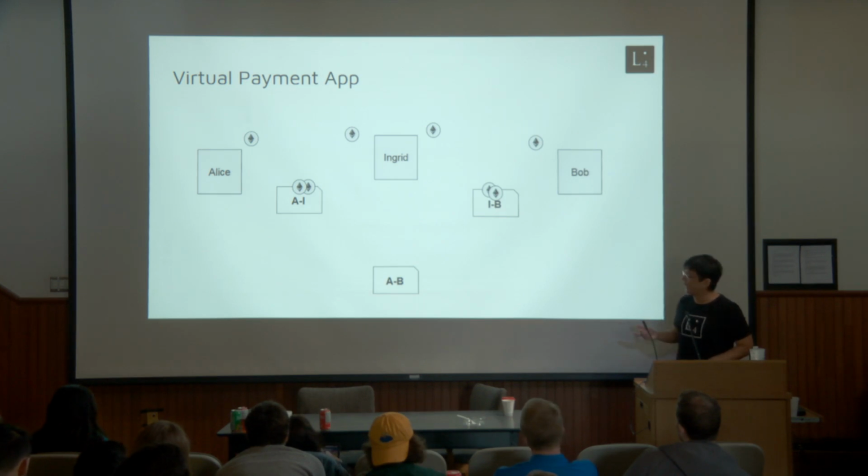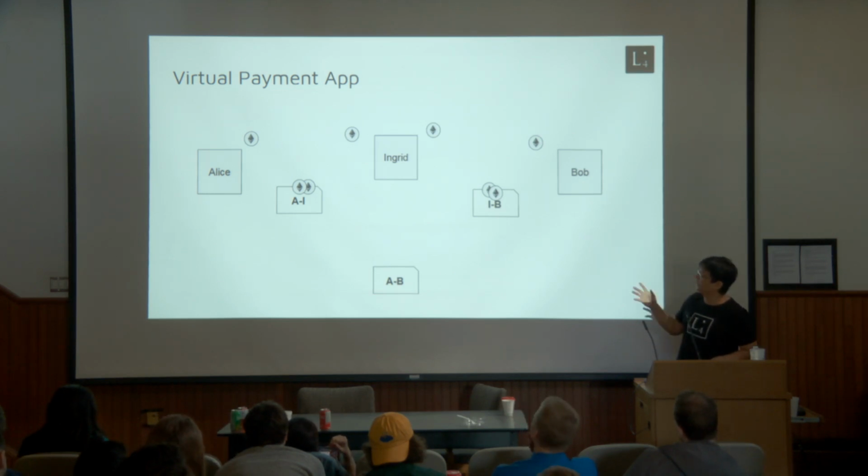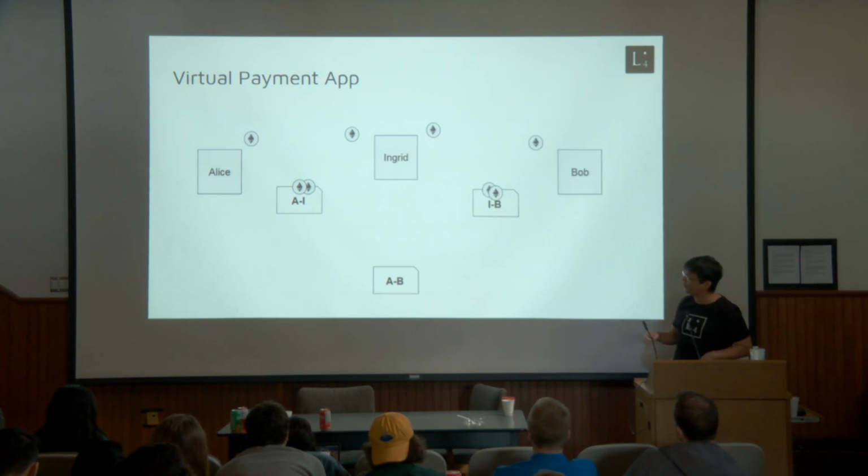The idea here is that Alice has put in 1 ETH, Ingrid has put in 1 ETH of collateral, and the same for Ingrid and Bob. And they both observe a common thing as before.